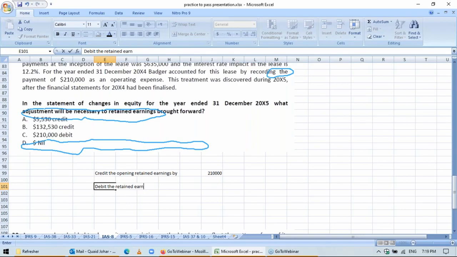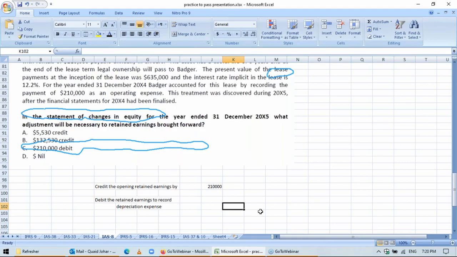To record depreciation expense. As the lease requires to recognize an asset, then you'll have to depreciate that asset. So the depreciation expense will be 635,000 divided by the lease term. So the lease term is 4 years.